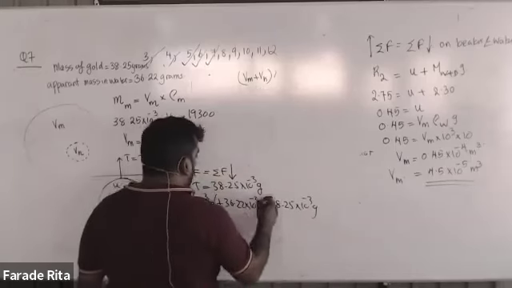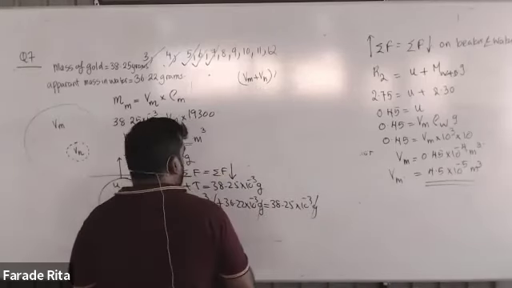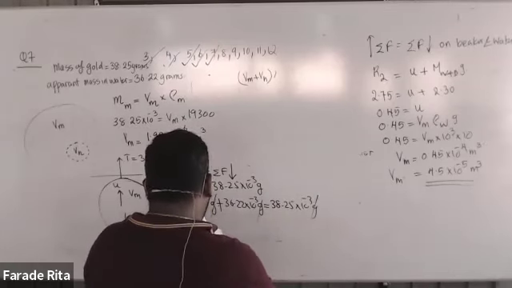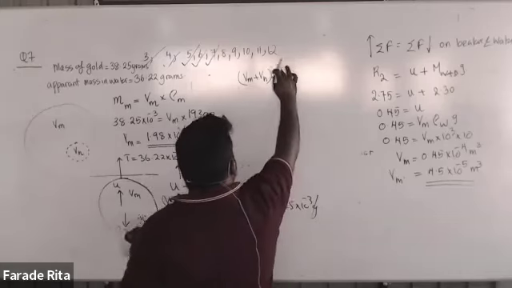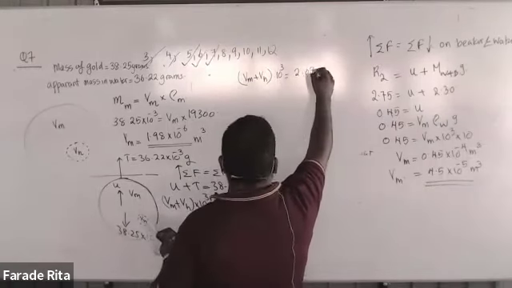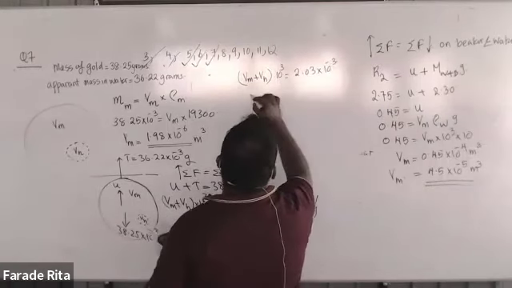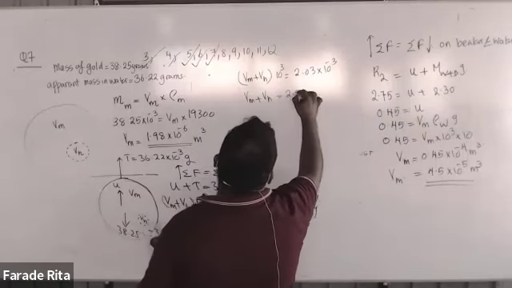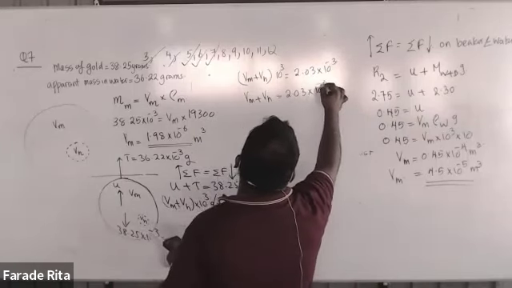Let's cancel all the g's off. 38.25 minus 36.22 is 2.03 times 10 to the power minus 3. Volume of the metal plus volume of the hole. Take this to the other side, 2.03 times 10 to the power minus 6.